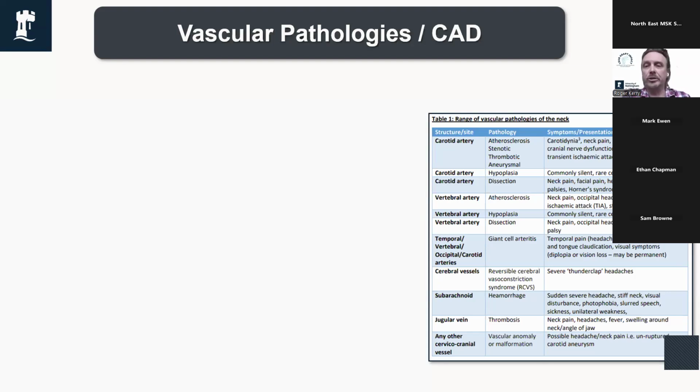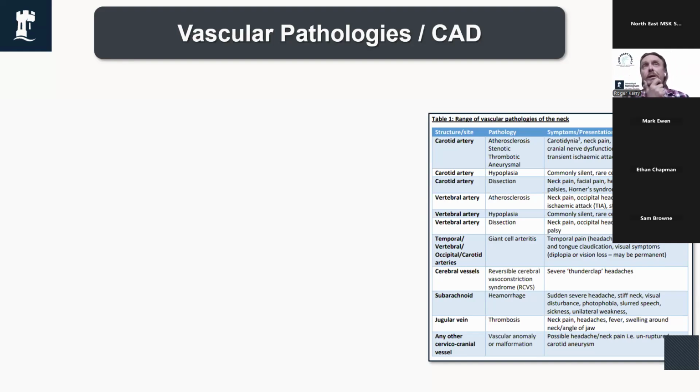Again, that is nonsense. That has got no diagnostic utility to support its clinical use. So we need to move away from that and just think a bit more fundamental and basic, actually. Like we do in every other region, we think about cauda equina syndrome for low back pain. We think about different serious pathologies in the hip and the knee and so on. This is just the same.